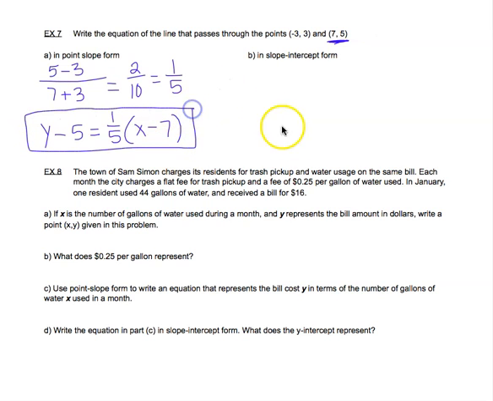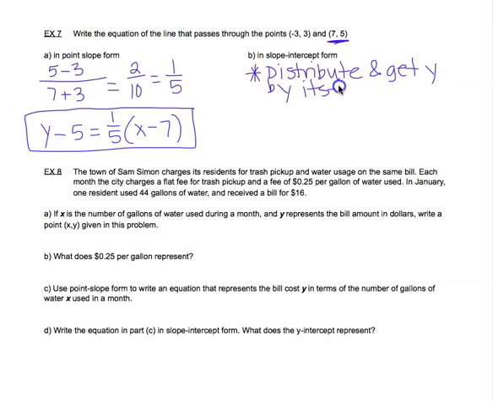This is point slope form. Now, if I have point slope form and I want to make it into slope-intercept form, all I need to do is distribute and get y by itself in my point slope formula.